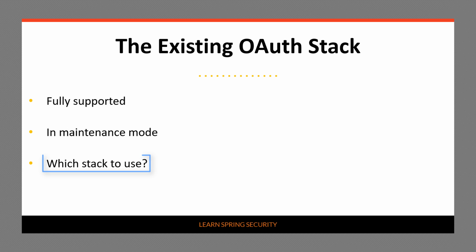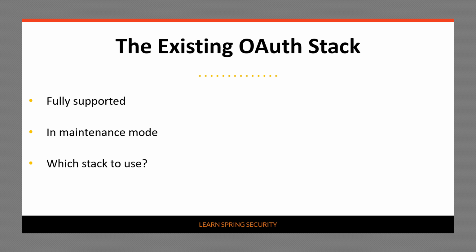Alright, so which stack do we use? If we start a new project today, which OAuth stack do we go for? Well, that really depends on exactly what you're implementing and exactly when you're doing that implementation. At this point, at the point of recording this video, there is not yet feature parity between the existing stack and the new stack.